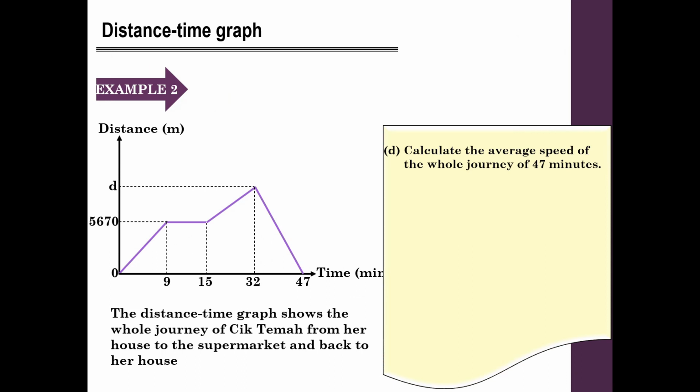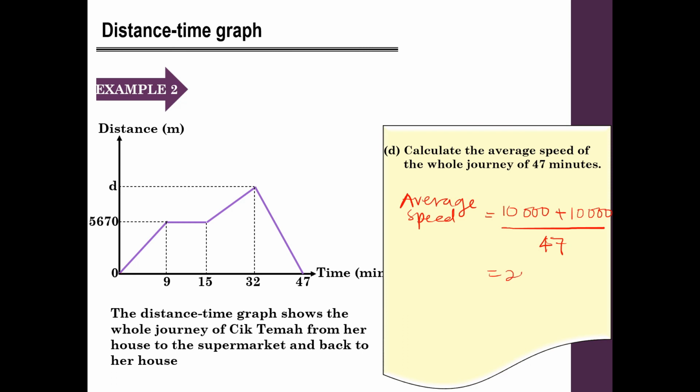And then calculate the average speed of the whole journey. Always remember to find the total distance over total time taken. So average speed is equal to total distance, which from 0 to 32 minutes is D, which we already found just now as 10,000, plus from 32 minutes to 47 minutes, which is also D, 10,000, over 47 minutes.